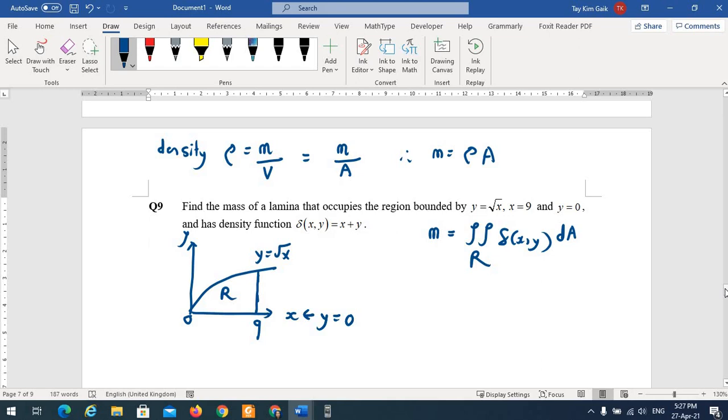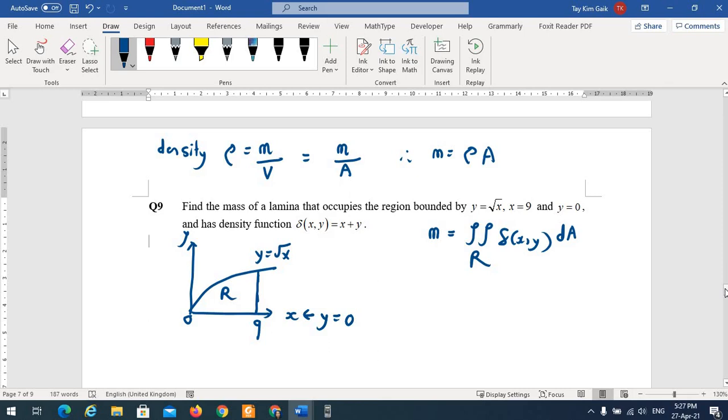That's why the mass of the lamina is given by the double integral of the density function delta(x, y) dA over region R. Here we use a delta function because rho later on will be used as the radius of a sphere in the spherical coordinates in triple integration.